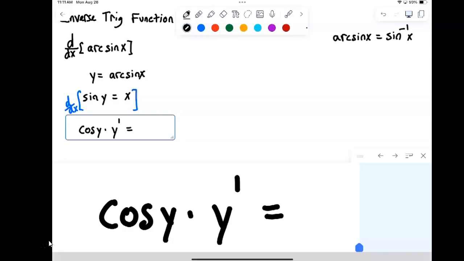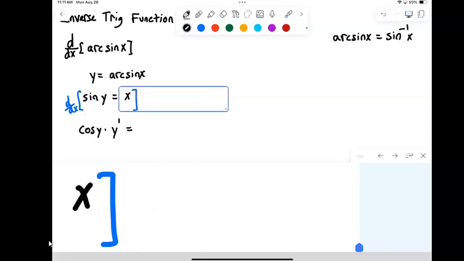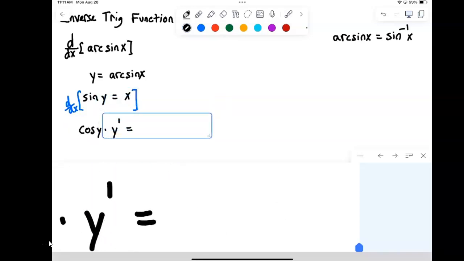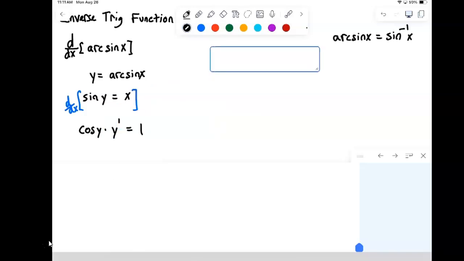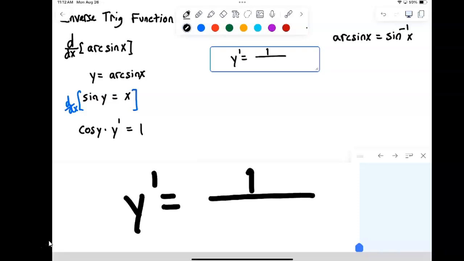And on the other side, the derivative of x is just 1. So we can solve and get y prime equals 1 over the cosine of y.